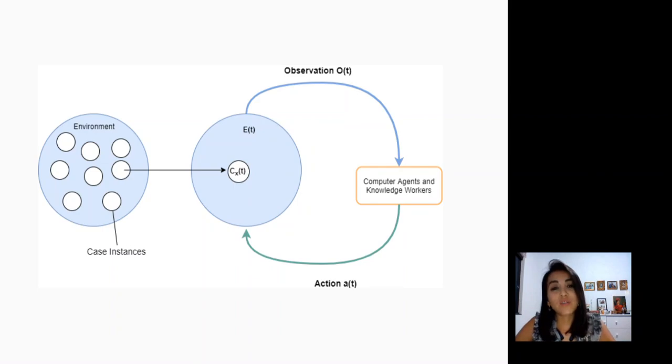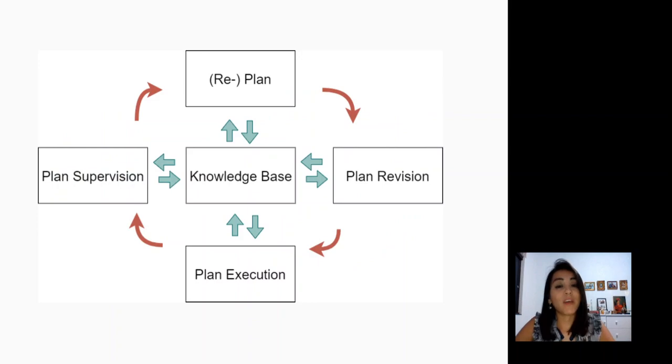This action should be intended to achieve a goal. So the question is, which actions should we take in these circumstances in order to achieve an intended goal?